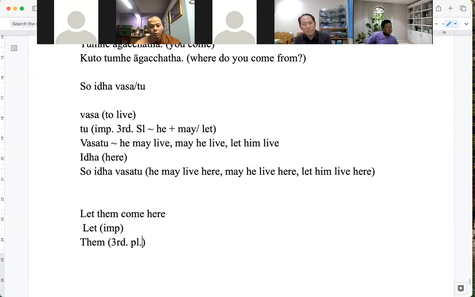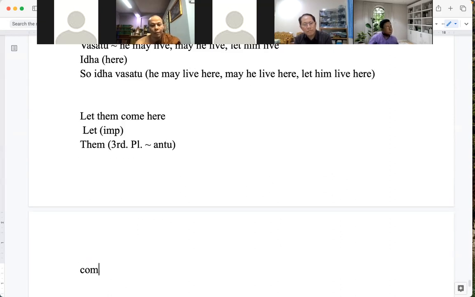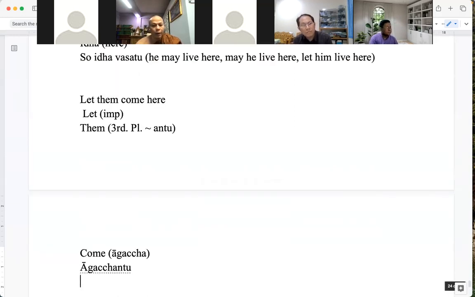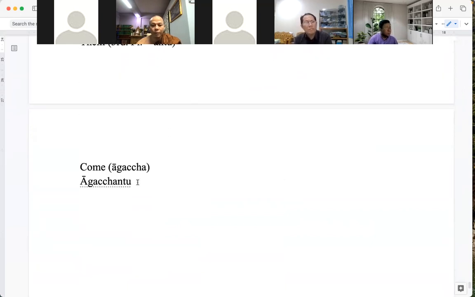Now all together, we have the ending anti and come, so we get the agaccha base. All together: agacchantu. And then here means adverb, right?